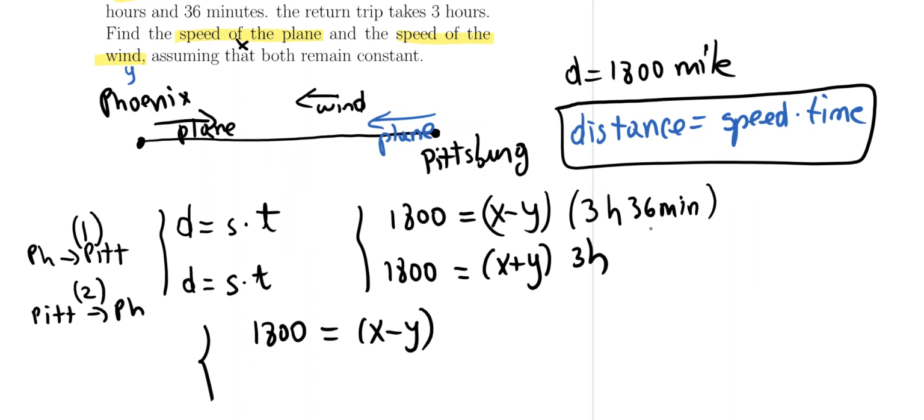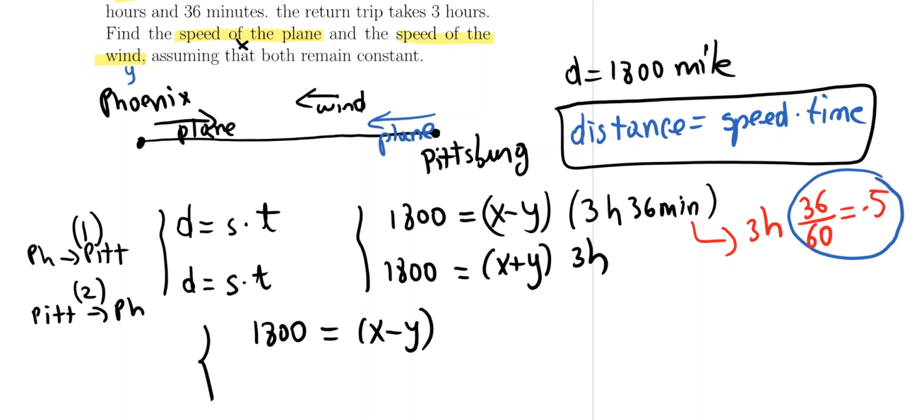3 hours and 36 minutes, we have to convert this into hours. So this is 36 over 60, 36 minutes out of 60 minutes, and this gives you 0.6. So 36 over 60 is 0.6.